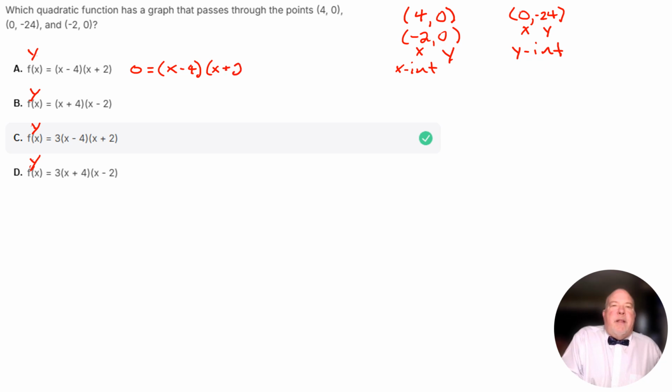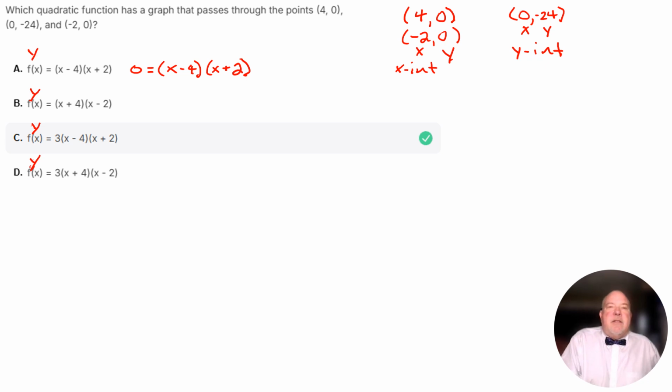What I'm looking for are the x values that make this true. If either of these terms was 0, then 0 times the other would be 0. So what x values would make this term equal to 0, and what x values would make the other term equal to 0?